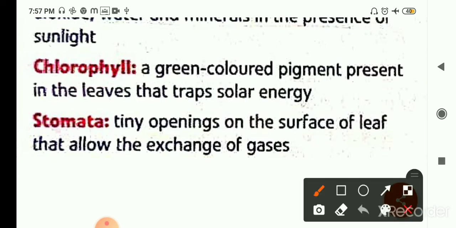Now, next is chlorophyll. Chlorophyll is a green colored pigment present in the leaf that traps solar energy and also gives the green color to plant parts such as leaves. Next is stomata. Stomata are the tiny openings on the surface of the leaf that allow exchange of gases and also help in transpiration, right?